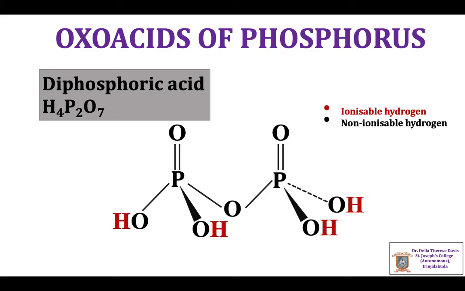Diphosphoric acid is H4P2O7. The basicity of the acid is 4 because it has four ionizable hydrogens. There is a central bridging oxygen atom in diphosphoric acid. It is also called pyrophosphoric acid.